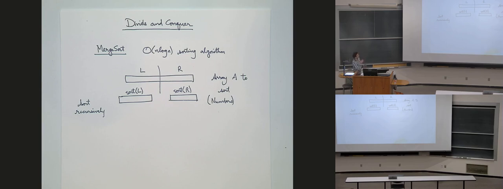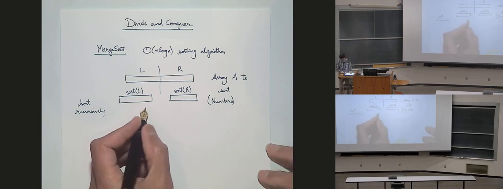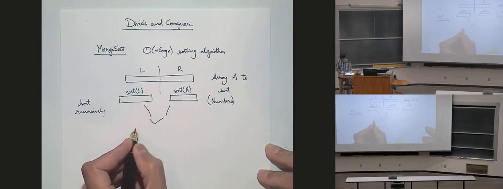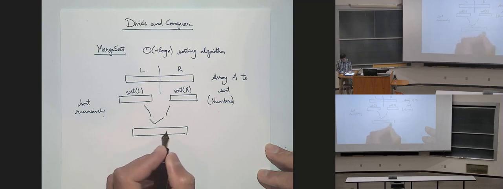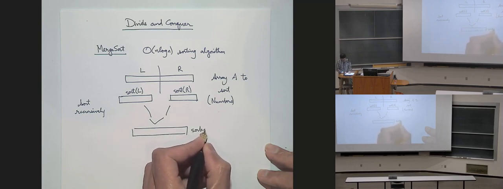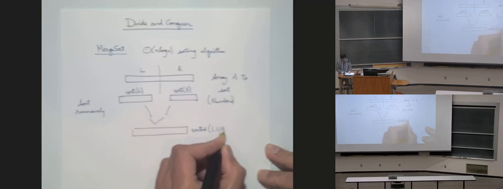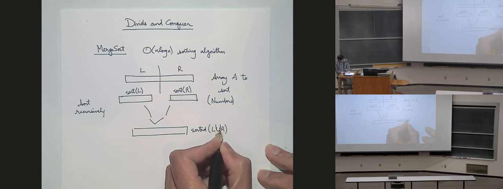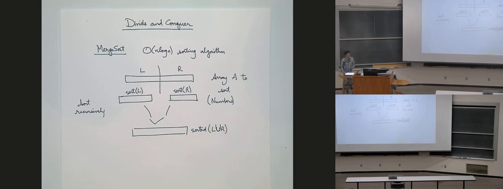So all you need to do is to figure out this combination step, and then recursion will give you the algorithm. And so how do you do this? You have to combine these together to get the sorted version of L union R. So this is not U, but this is like a union of everything together.